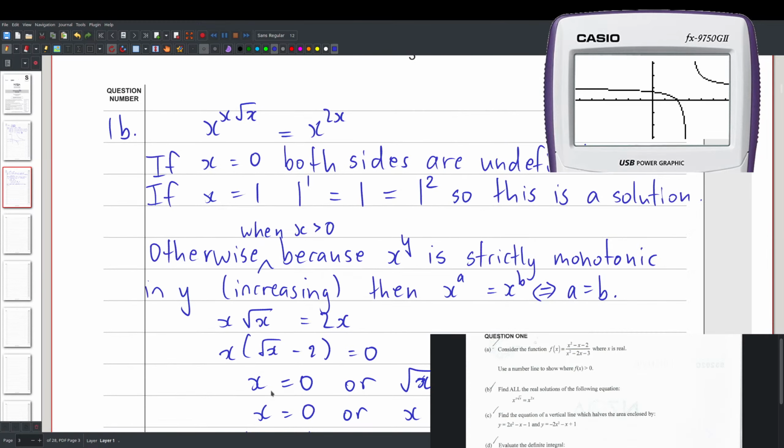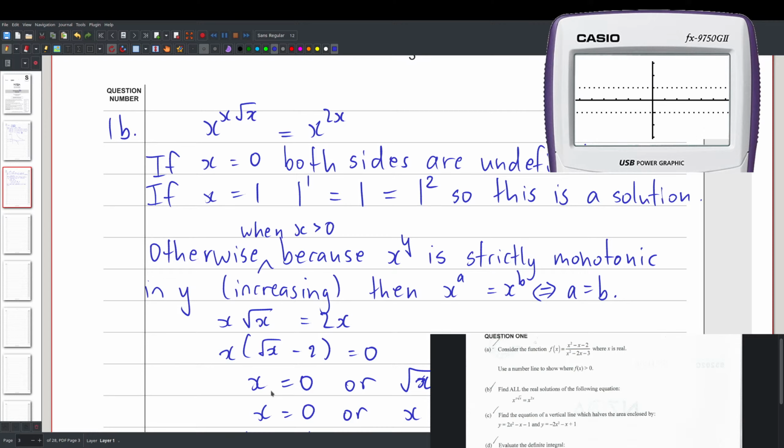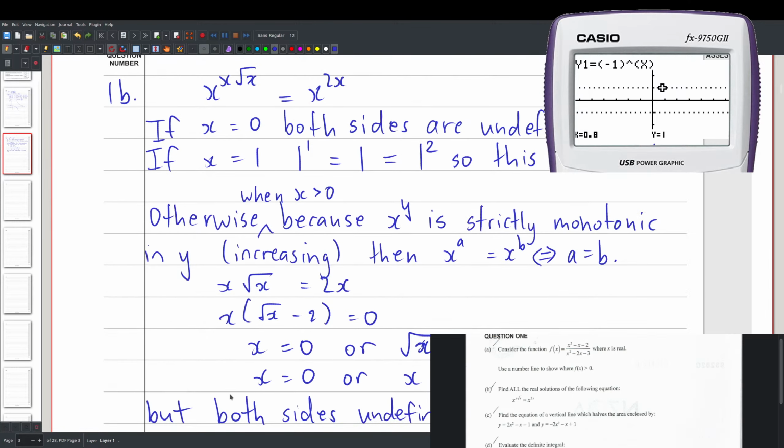And I'm not sure what to do about the negative x case, because that's a bit sussy. Like negative 1 to the power of x alternates between being positive and negative. Oh wait, do they ask you to solve it for all? Oh, real solutions. Alright.